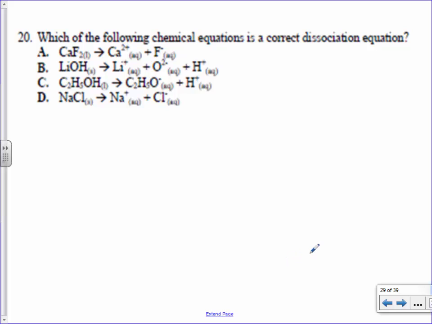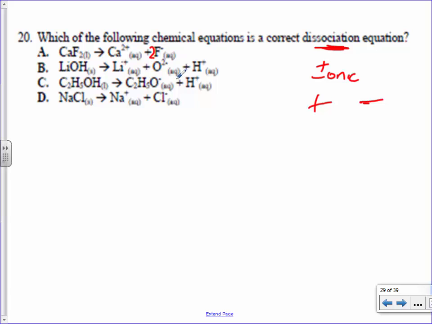Okay, dissociation. What does dissociation bring to mind? What does it mean? Sure, it has to be something that's ionic. It needs to split up into positives and negatives. That's dissociation. So let's walk through these. CaF2. Yeah, we got a positive and a negative. There is a problem with this one, though. There should have been a 2 in front of that F right there.